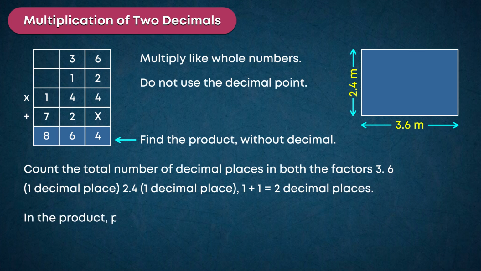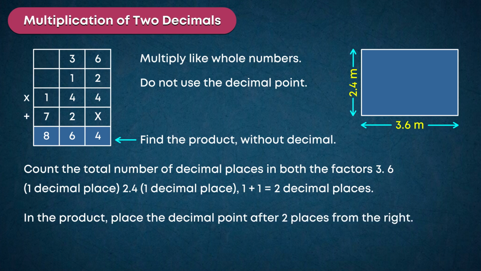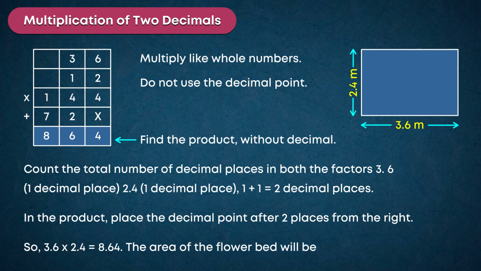In the product, place the decimal point after 2 places from the right. So, 3.6 into 2.4 is equal to 8.64. The area of the flower bed will be 8.64 sq m.